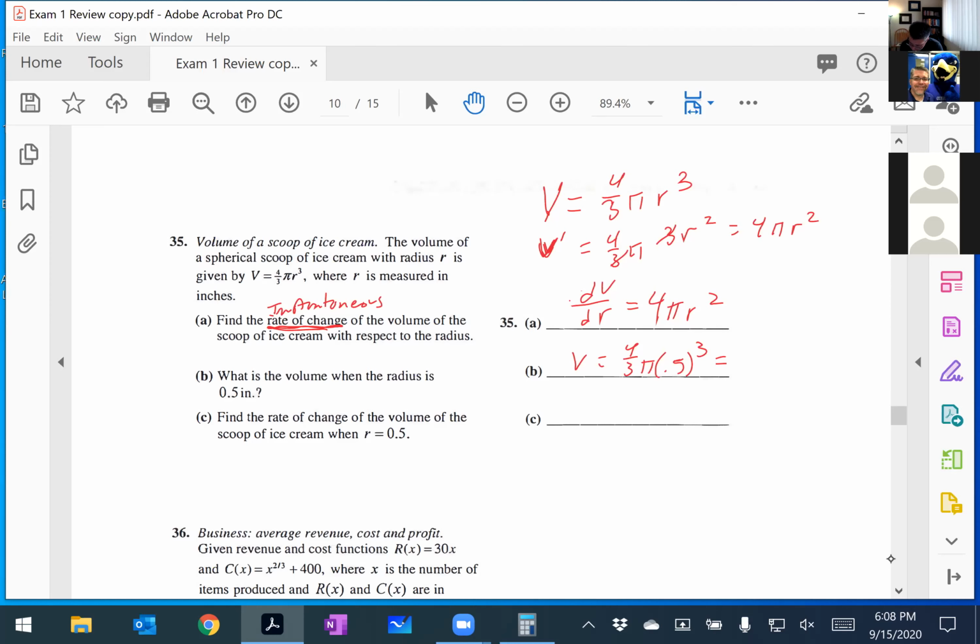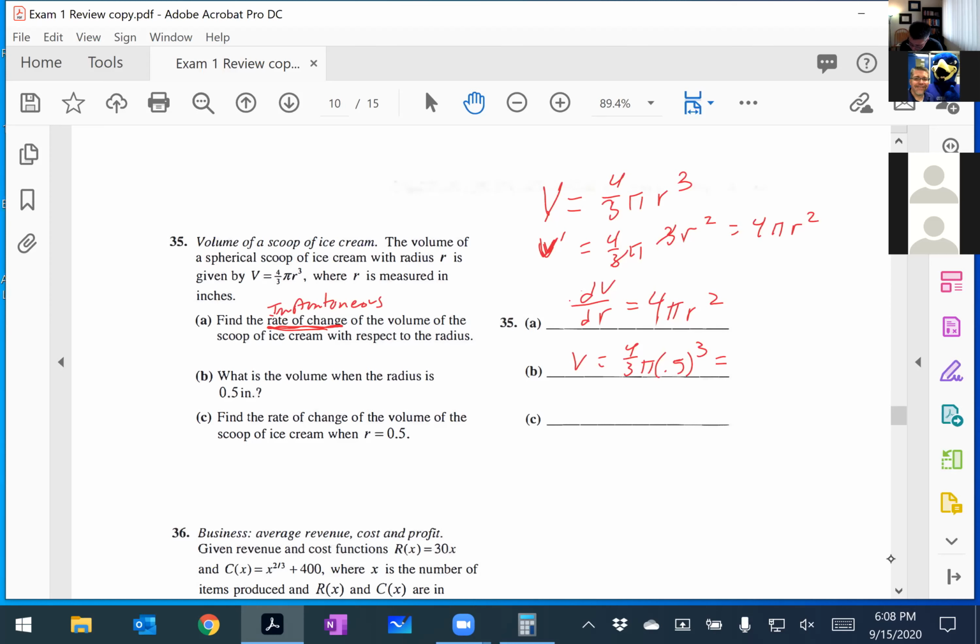As the radius increases 1 inch, you're increasing 3.14 cubic inches of volume. That's another way to think about it. But the inches will cancel out and you'll get inches squared there.